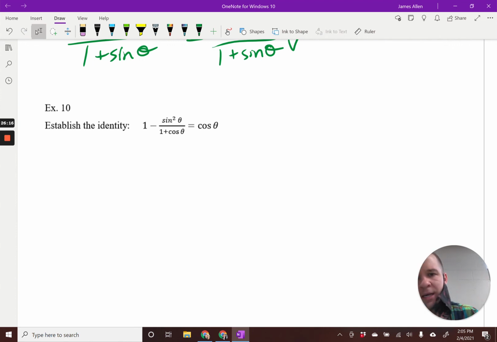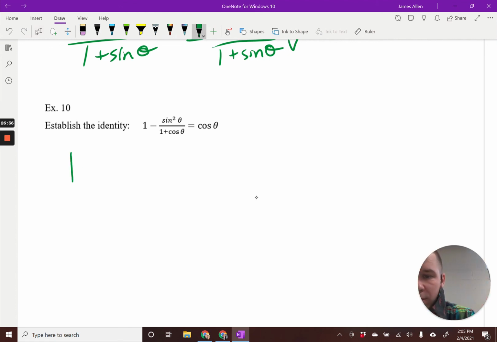So, I've got 1 minus sine squared theta over 1 plus cosine theta equals cosine theta. Work with the left-hand side. How about sine squared theta? That I could get into terms of cosine, and since my final answer is just cosine, I'm thinking in the future that would be beneficial, yes?